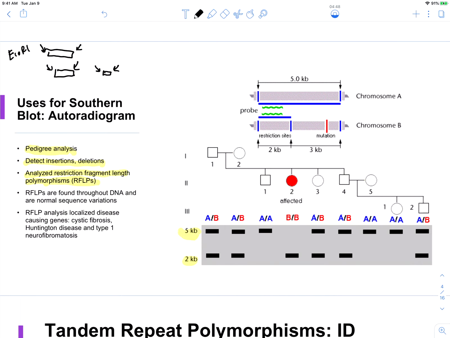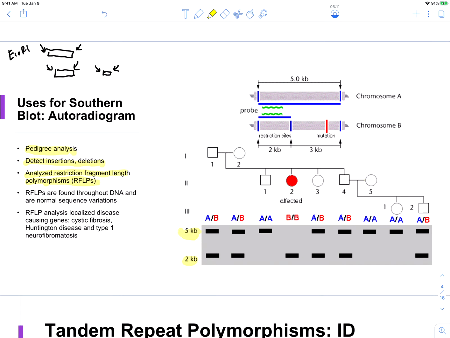There are hundreds of restriction enzymes, so you can chop your DNA up into various sizes, run them on a gel, and then person 1 will have certain bands, person 2 will have certain bands, etc., using the same enzymes. So that's all RFLPs are.